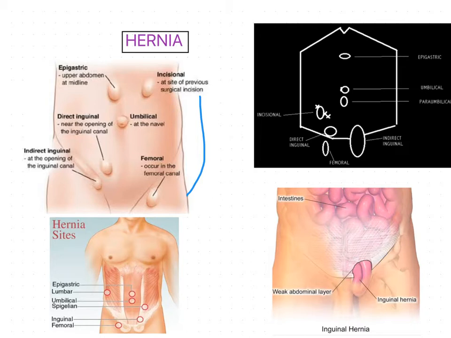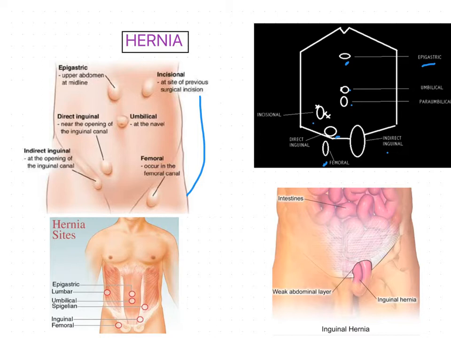So there are different types of external hernias. One is the epigastric hernia, umbilical hernia, para-umbilical hernia, and this one is incisional, direct inguinal, femoral hernia, and indirect inguinal hernias. So there are different kinds of hernias which can occur through the abdominal wall.